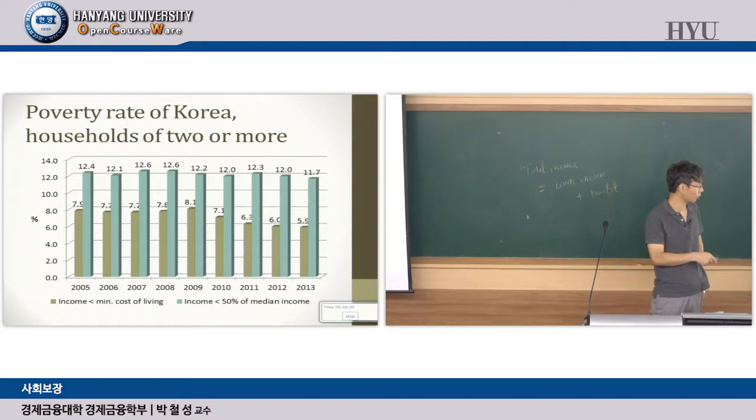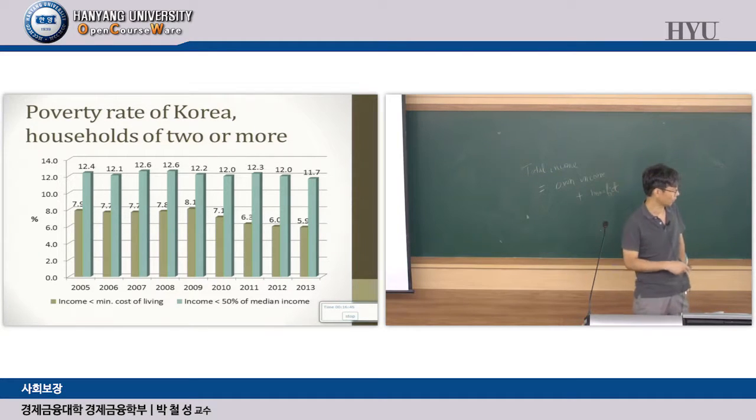I think it's more and more common to see the relative poverty rate as the definition of poverty rate. But anyway, you have to pay attention to which poverty rate they are talking about. One good thing is that it seems like the poverty rate is going down in recent years, but let's see.